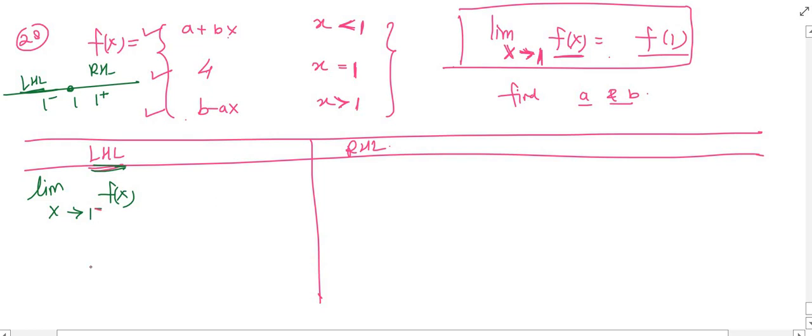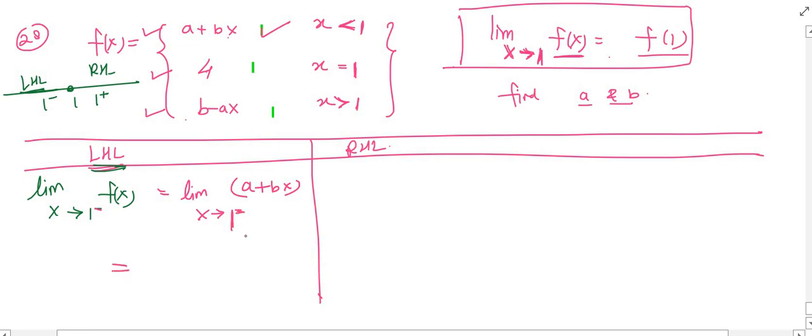So, a little bit less than 1. So which one should I take? This or this? Which one? A little bit less than means this one we will take. So it will be limit of x is tending to 1 minus of a plus bx. Now we will just put 1 in the question.